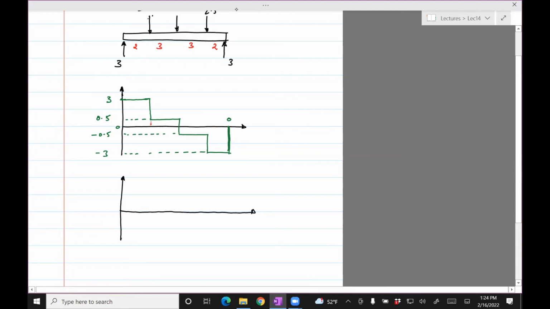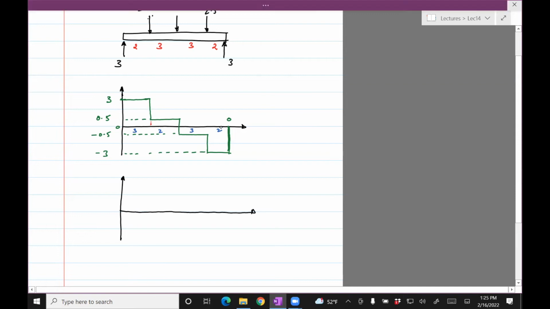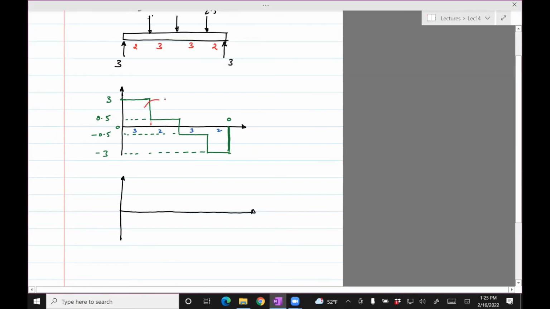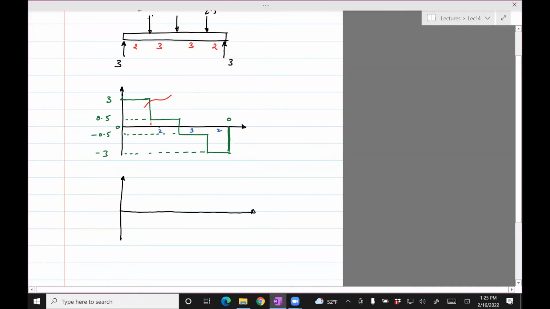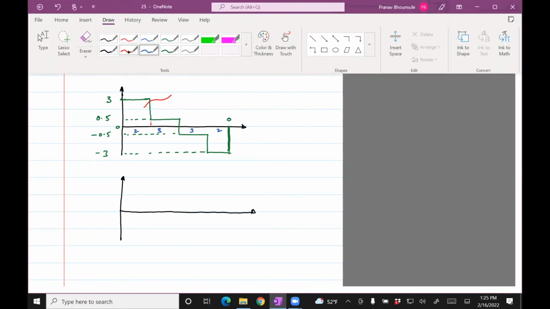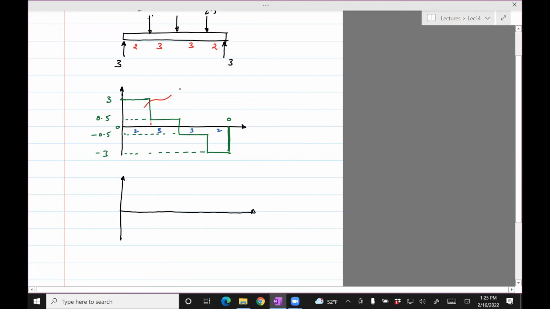So 3, 2, 3, 2. Okay, so this area is 3 times 2, which is 6.